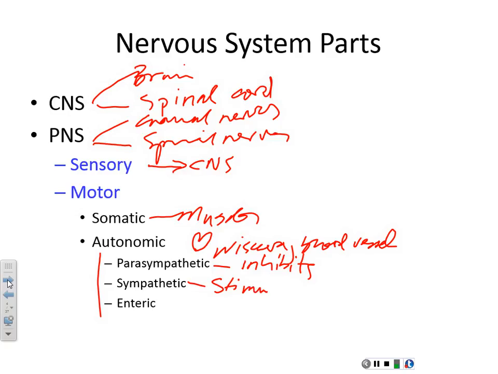So that's how you can tell them apart. Parasympathetic inhibits, sympathetic stimulates. Not only do you have to know this, so what does the enteric do? What is it involved in? Which system? Digestive. Okay, very good. So you talk about that. So this is the basic organization of the nervous system, so you gotta know that, all right?